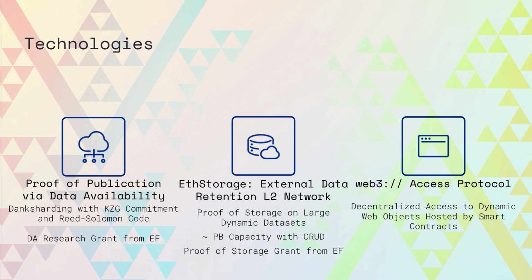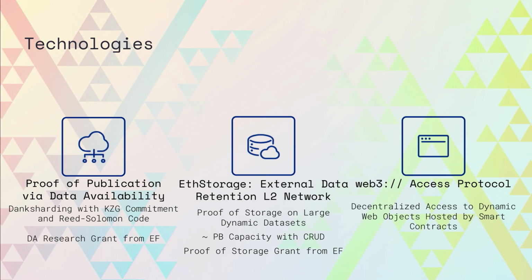So how to achieve that? There are a couple of technologies that we either built on or are developing to solve this problem. First, there's a proof of publication problem: we need to allow a large amount of data to be uploaded on the blockchain with the same mainnet security.